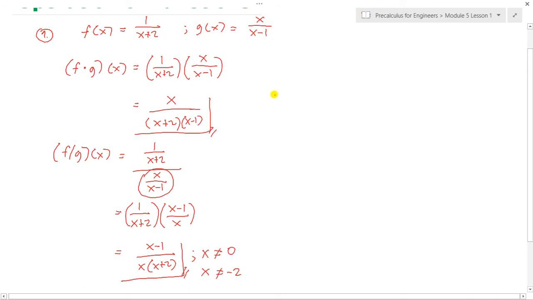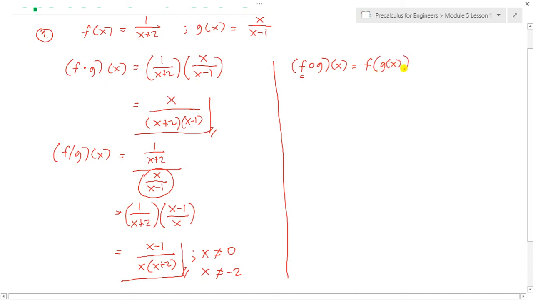Okay, and then the next, or shall we say the last operation of functions, is what we call composition. So f of g of x is equal to... In order for you to get the exact answer, be sure to write it this way: since f comes first, write f, and then inside the parentheses of f you write g(x).